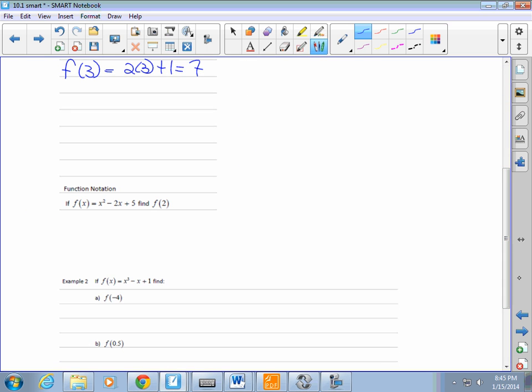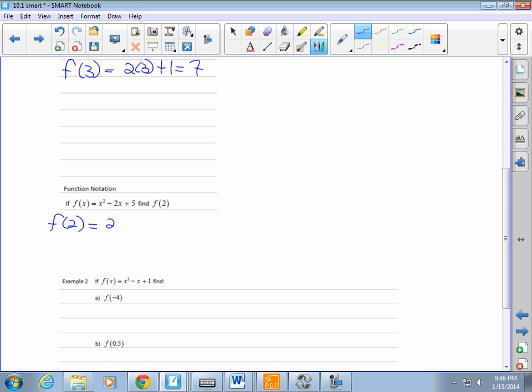Next question says, if f of x is equal to x squared minus 2x plus 5, find the function of 2. So it's saying what would be the y value when your x value is a 2. Wherever there's an x, I'm going to substitute in a 2.